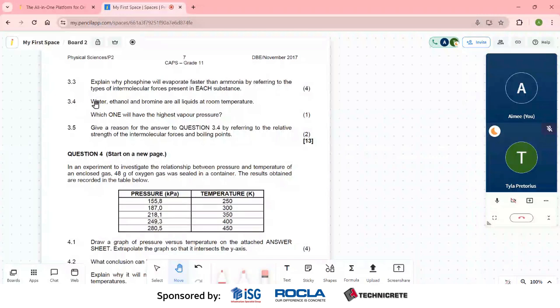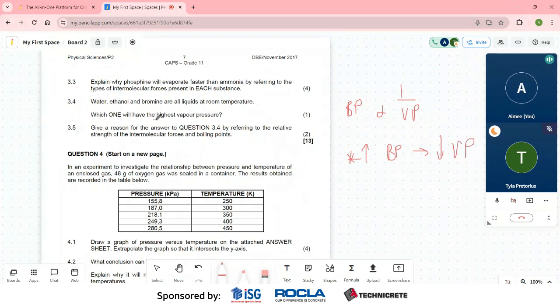Okay, 3.4. Water, ethanol, and bromine are all liquids at room temperature. Which one will have the highest vapor pressure? So it's important to remember that boiling point is inversely proportional to vapor pressure. So that means that the substance with the highest boiling point will have the lowest vapor pressure.